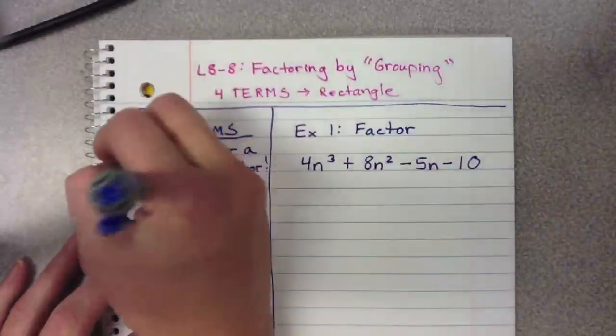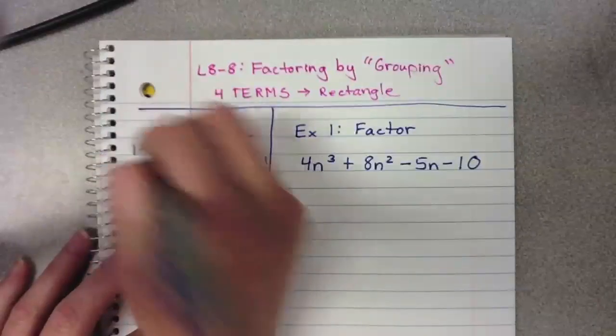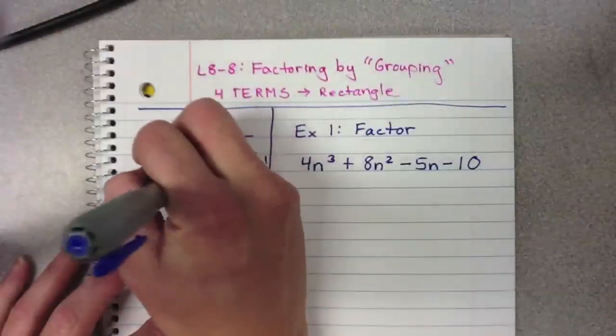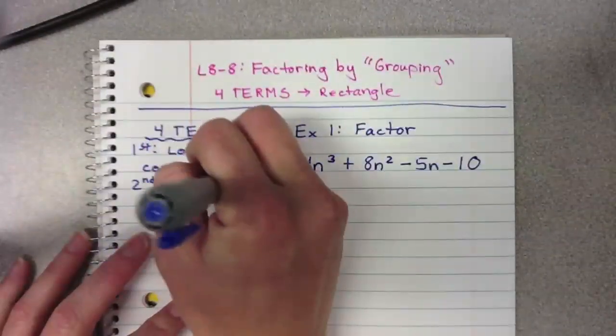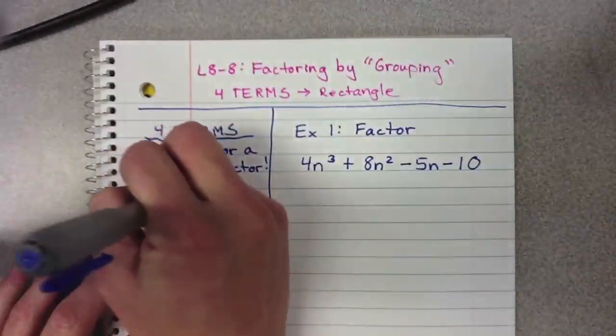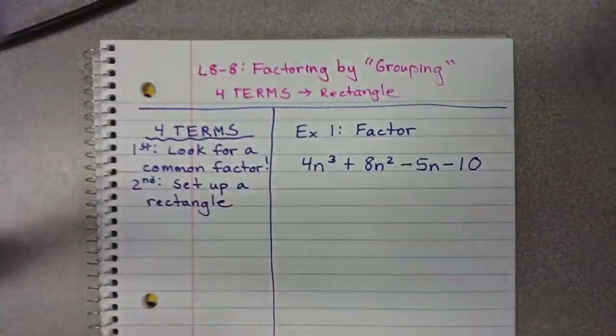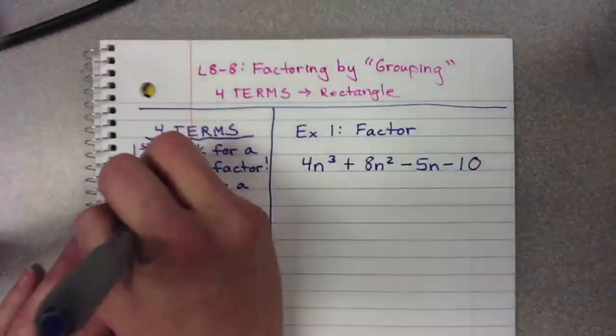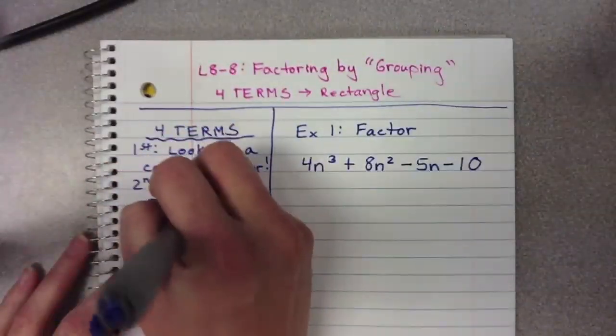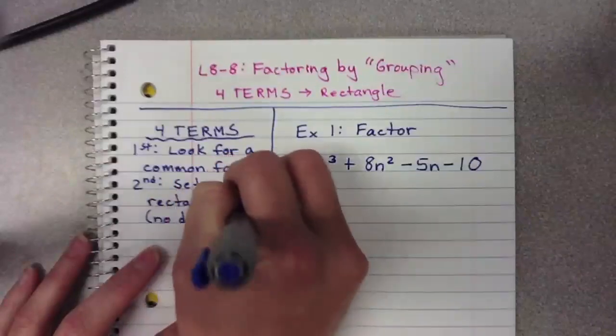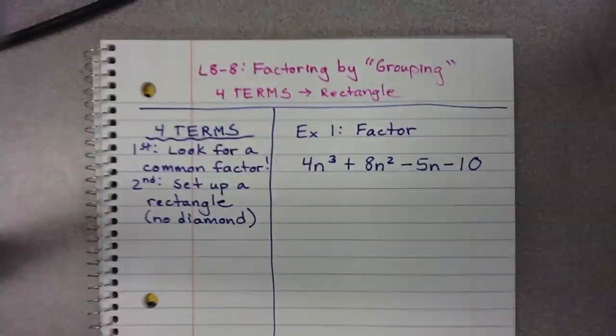Now, because you have 4 terms, your second step is going to be to set up a rectangle. No diamond yet. Okay, as of tomorrow, you're going to learn about the diamond.